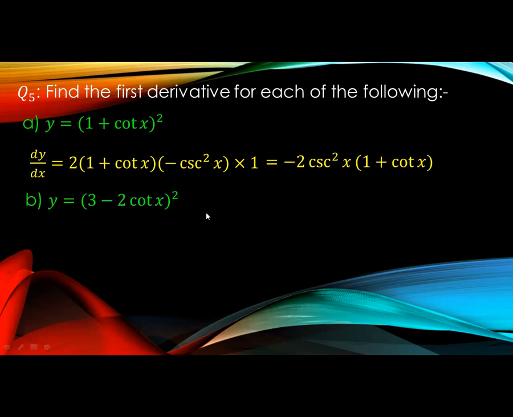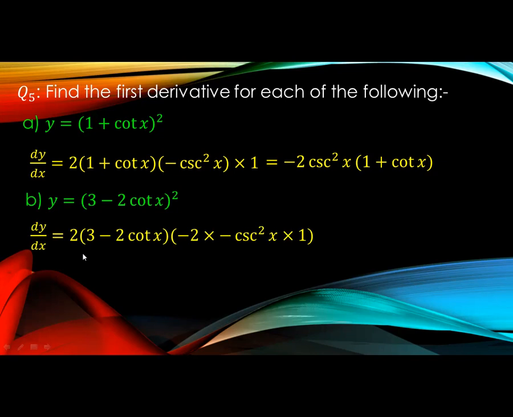Letter B, y equals (3 minus 2 cotan x) whole power 2. Also this function is a function raised to the power 2. So, the same way, we drop the power and subtract 1 from the power, multiplied by the derivative of the base of the function.